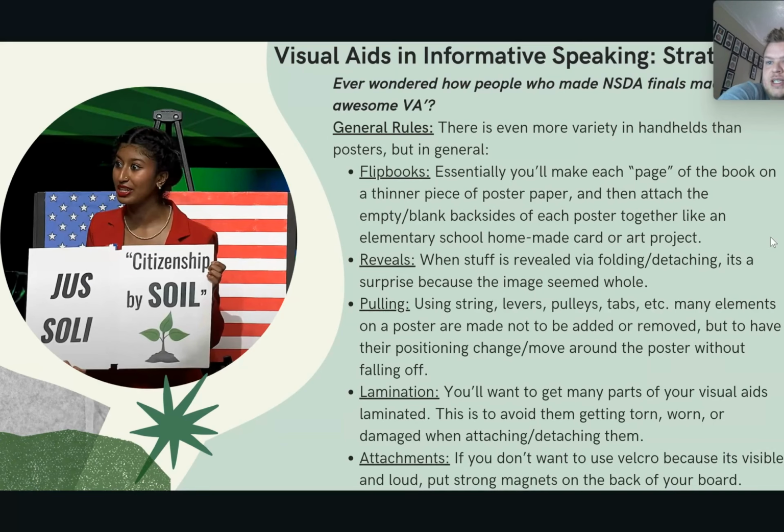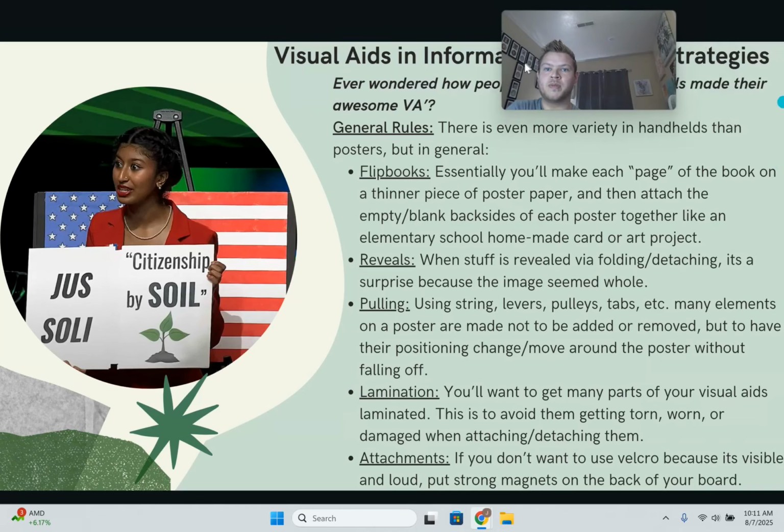To try and demonstrate this, I've got a couple pieces of paper. If you look here, let's say that this is my first poster that I want people to see. I've made my poster, I've folded it in half, and there's an image on the left and the right that I want to show.